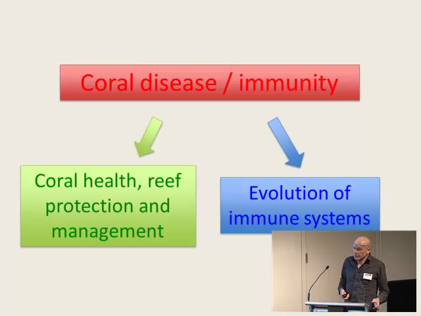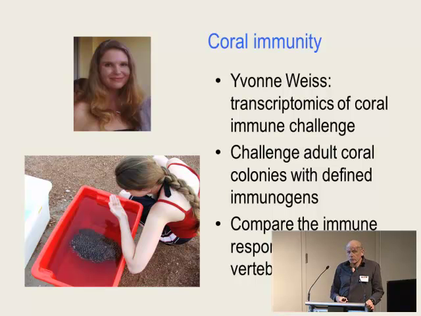And as part of this process, I was very fortunate to have a PhD student who's writing up at the moment, Yvonne Weiss, who came with a very strong immunity background. And she had the idea of comparing the immune response of coral with that of vertebrates to very specific immunogens.